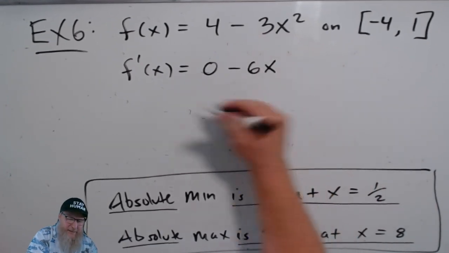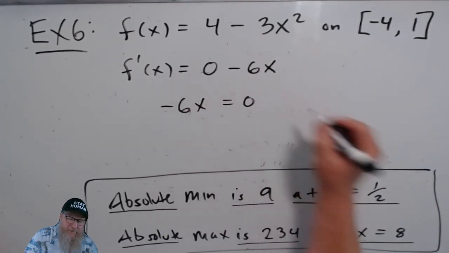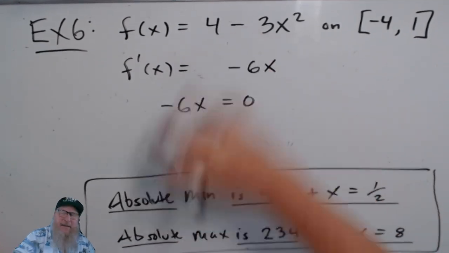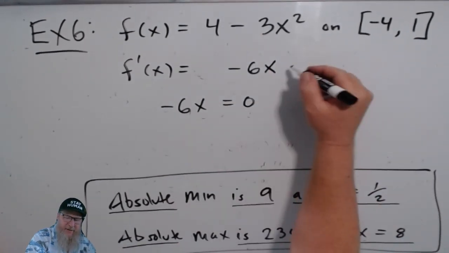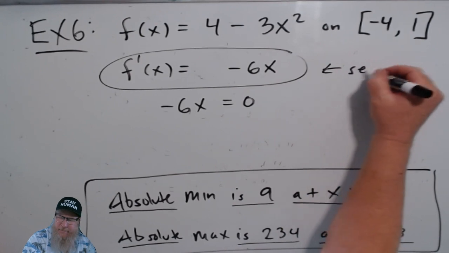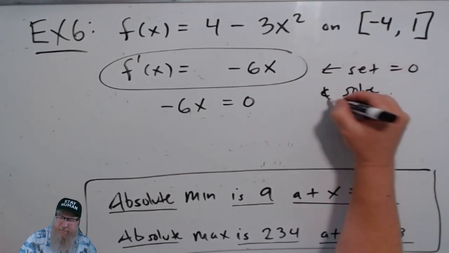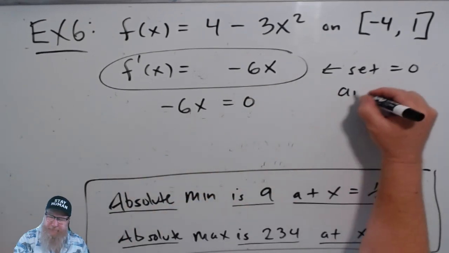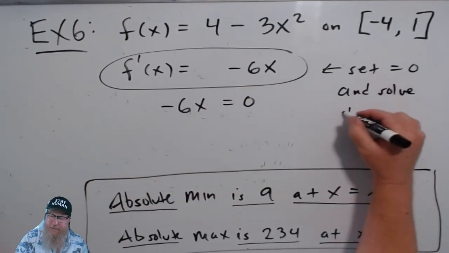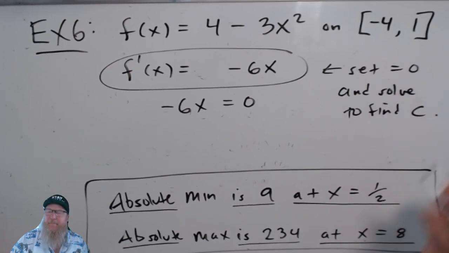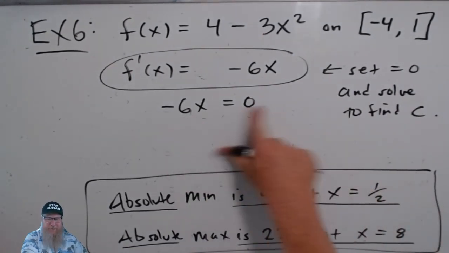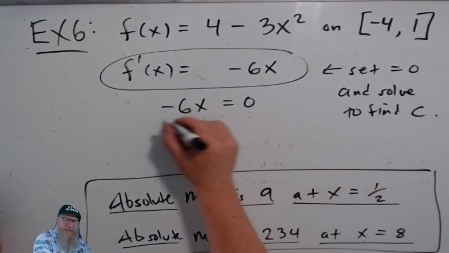You don't really need to say 0. You could ignore that. All right, so then you set this equal to 0 and solve to find C. So whatever your solution to this is, that's your C.